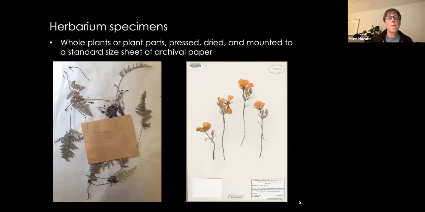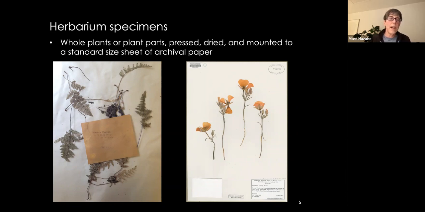Herbarium specimens can consist of a whole plant or plant parts. They're pressed, dried, and mounted to a standard size sheet of archival paper. In North America and the US, that standard size is about 11 inches by 16 inches, but it's slightly longer in European collections.